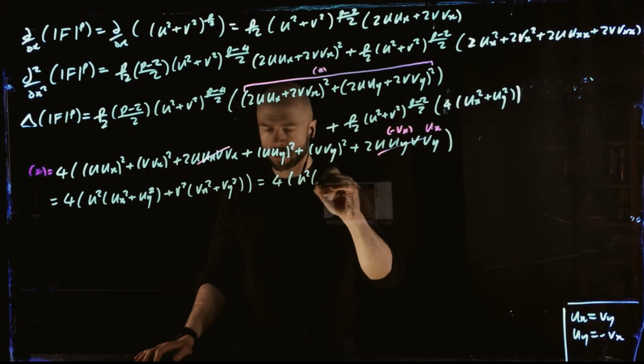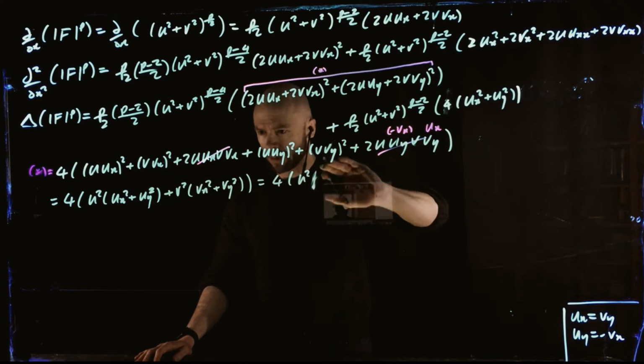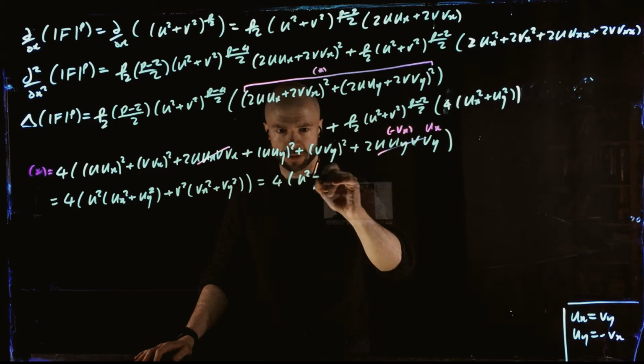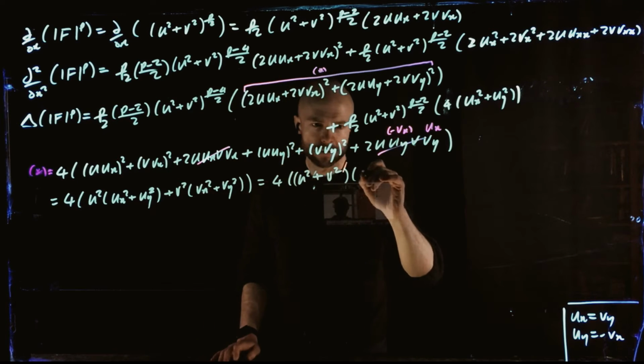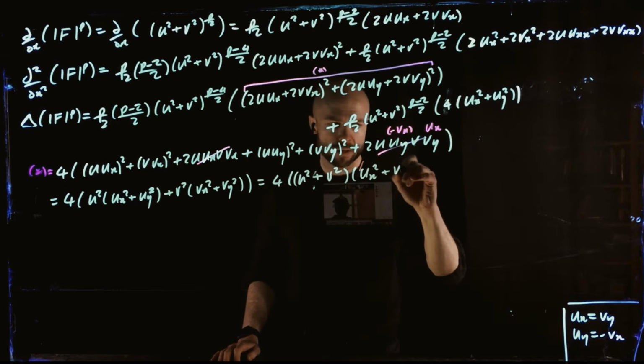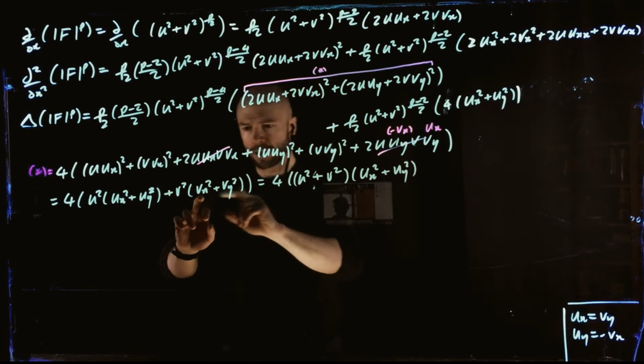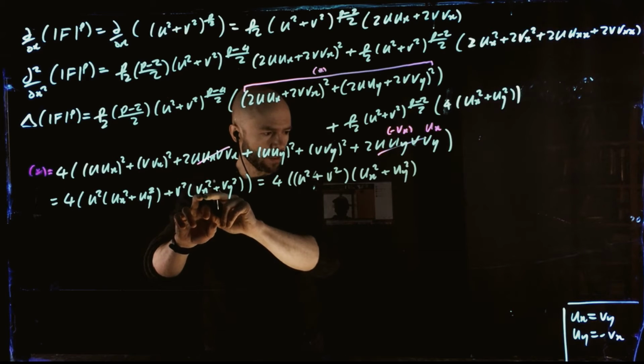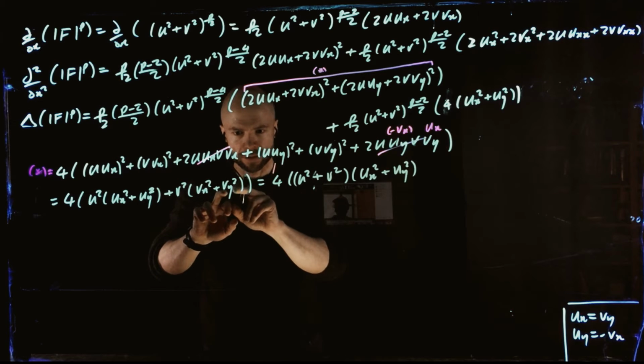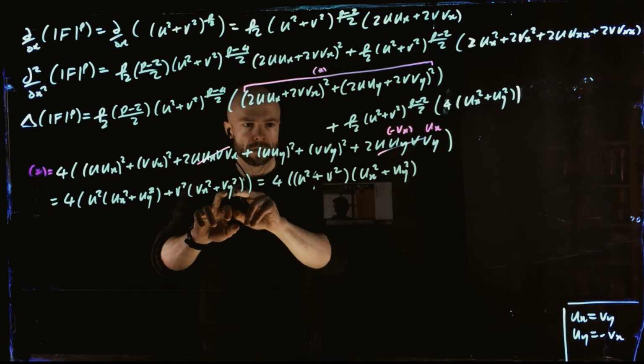Actually, let's do this in one step. Let's get fancy. So it's going to be u squared, v squared, and then we'll have u of x squared plus u of y squared, like this. This thing turns into u of y squared, and this turns into u of x squared. Yeah? Everybody happy?